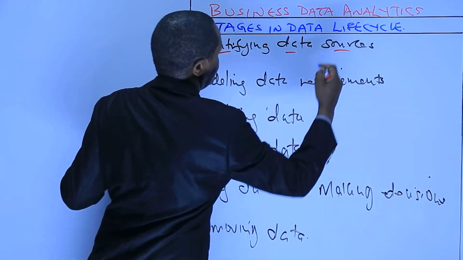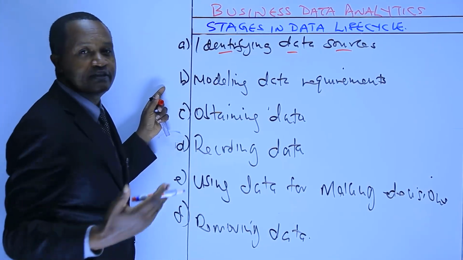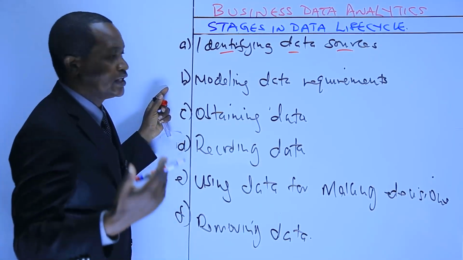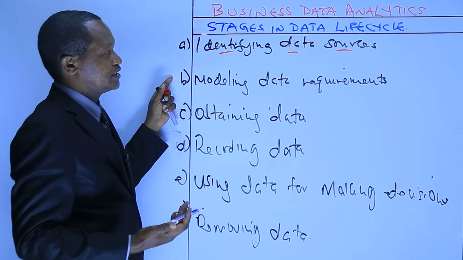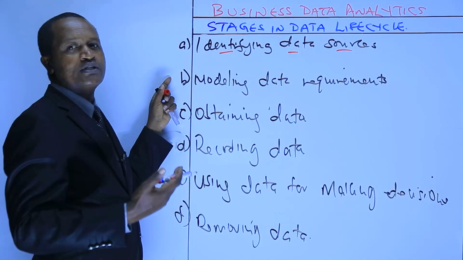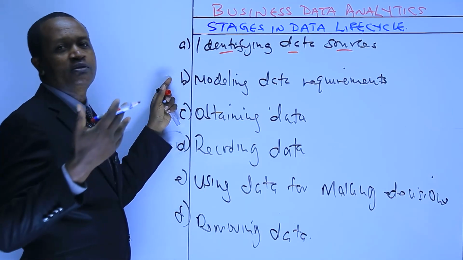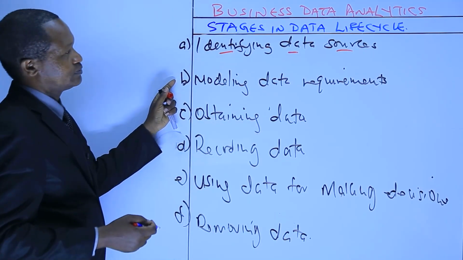Identifying data sources, involves identifying the sources of data that are relevant to the organization's business operations, such as the databases, the cloud storage, the external data providers, and so on.